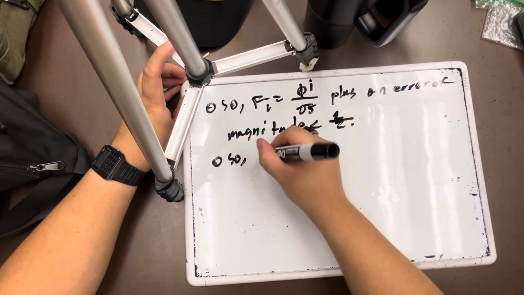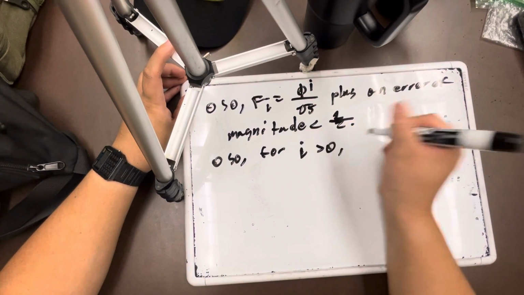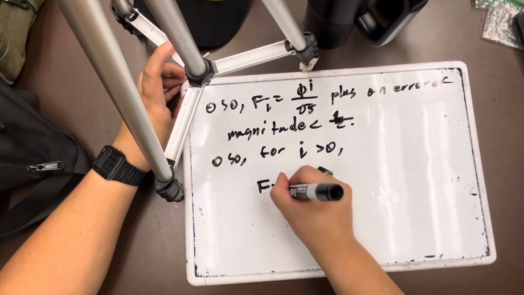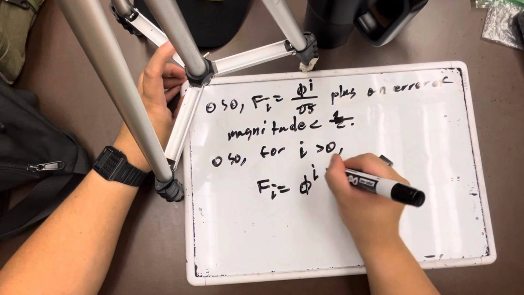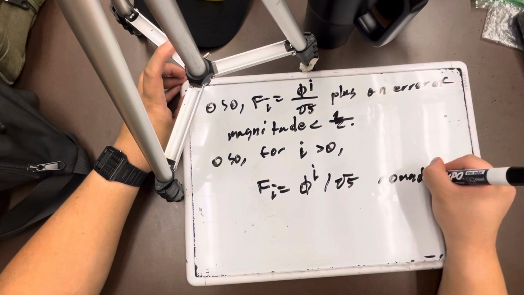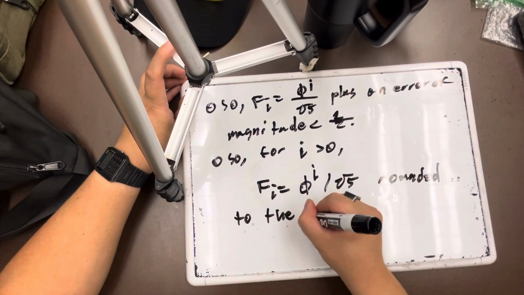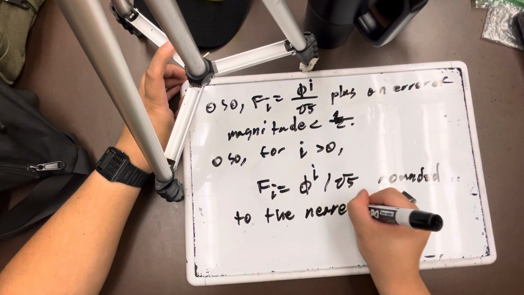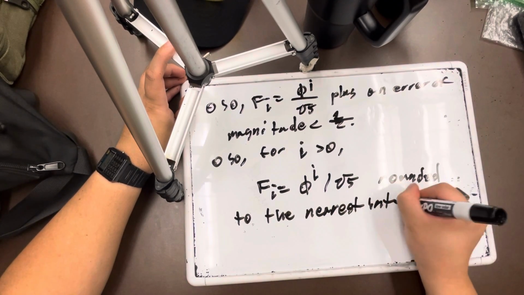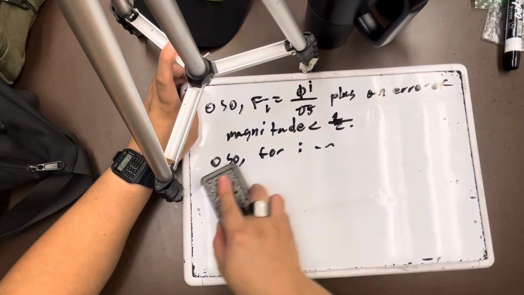So for i greater than 0, f sub i is equal to phi to the power i divided by the square root of 5, rounded to the nearest integer. So that's it for part 4. Now let's move on to part 5, where we go over the inequality.